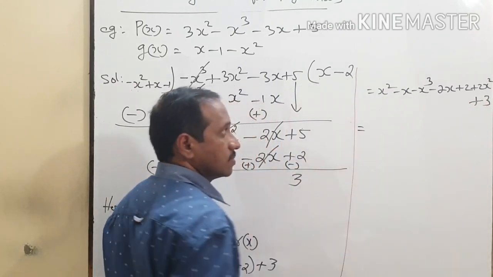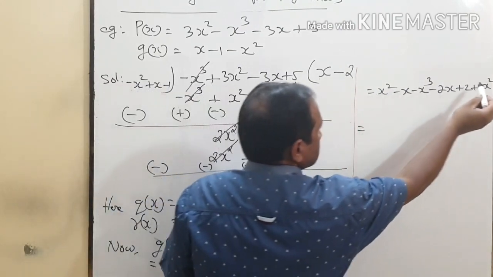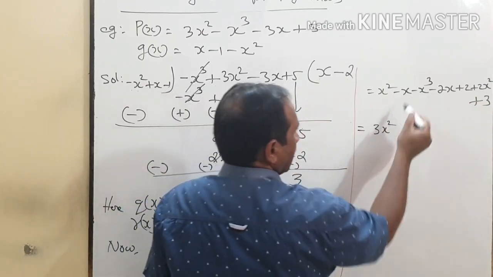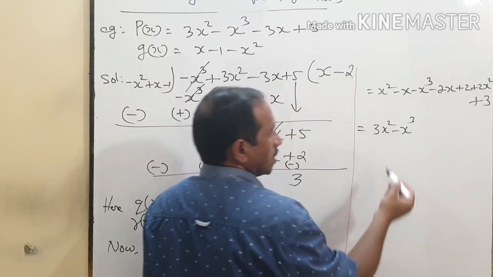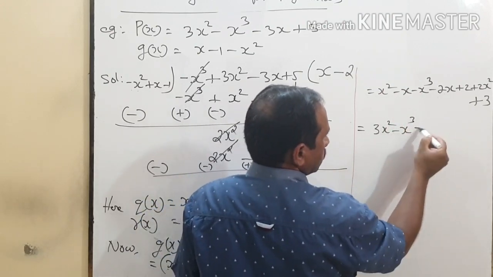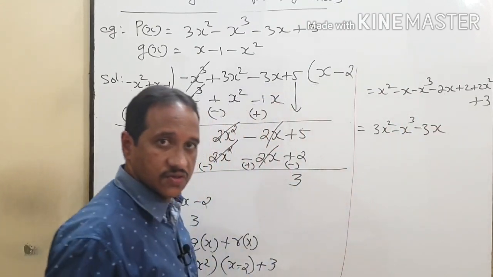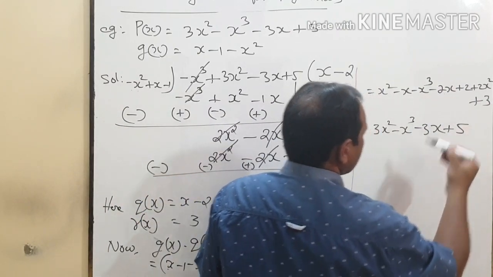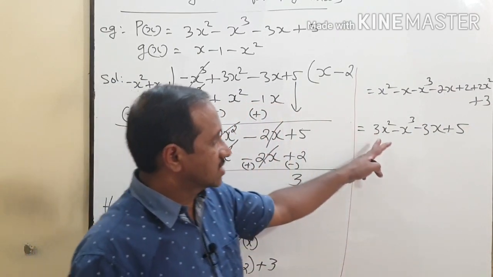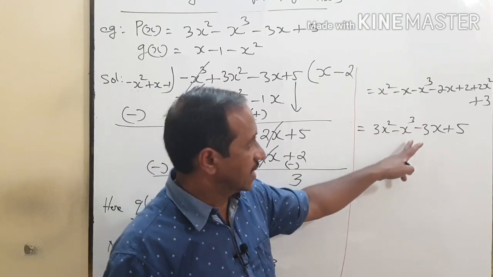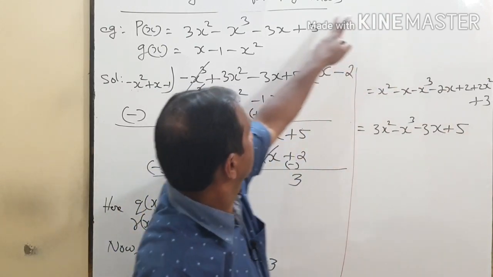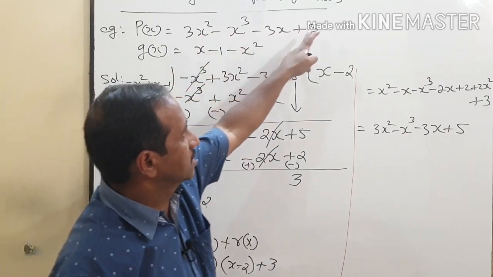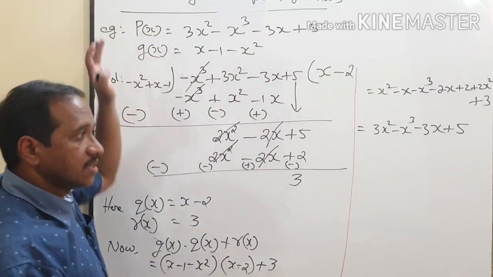This is equal to x square plus 2x square, that is 3x square, minus x cube, minus x minus 2x, that is minus 3x, and 2 plus 3, that is plus 5. So 3x square minus x cube minus 3x plus 5, which is the dividend polynomial.